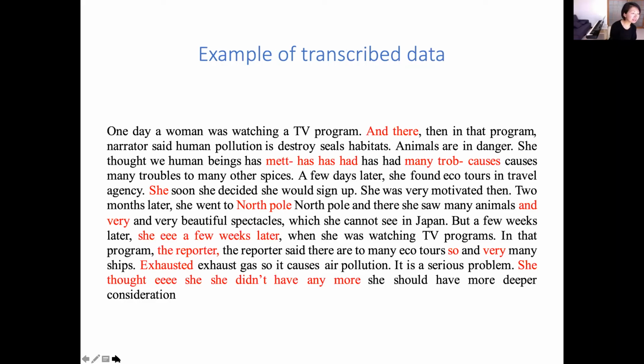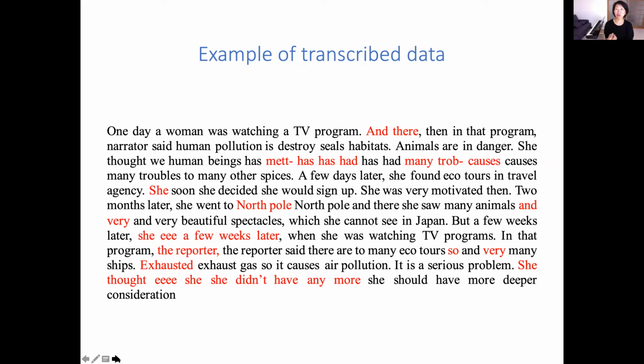This is an example of one file I transcribed. You can see maybe why it took me some time: I not only transcribed the content, I also tried, as much as possible, to transcribe it naturally.